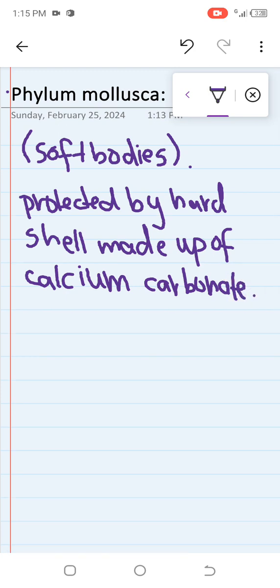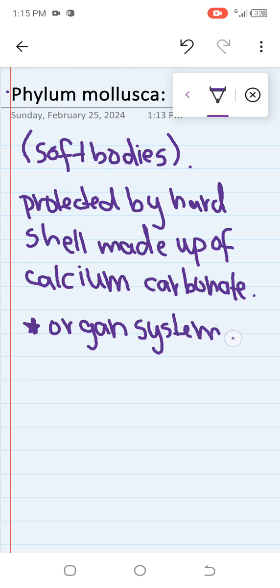Now some characteristics of phylum Mollusca. Phylum Mollusca has organ system organization. These animals are bilateral symmetrical.